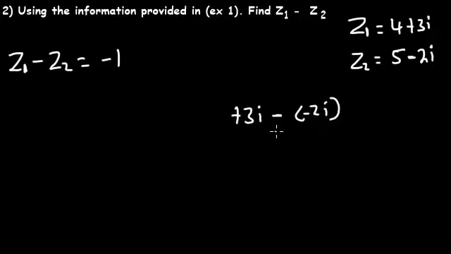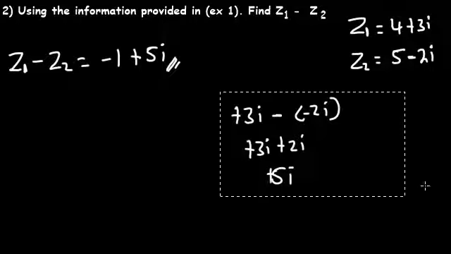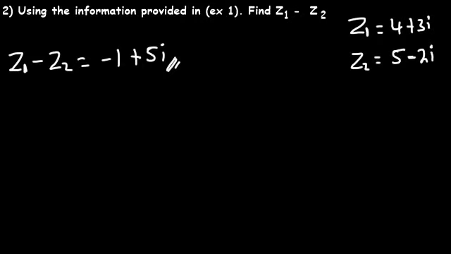By the time we do the subtraction, we have positive 3i plus 2i. When this expands, what is left over is positive 5i. We join that with this negative 1 and have the difference between the two complex numbers. That also gives us the result to example number 2. On to example number 3.